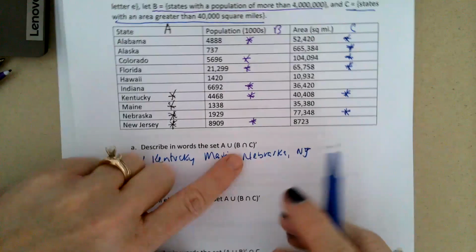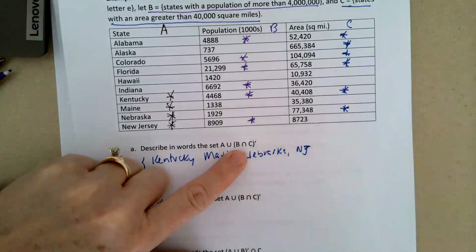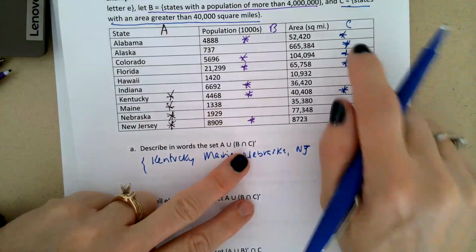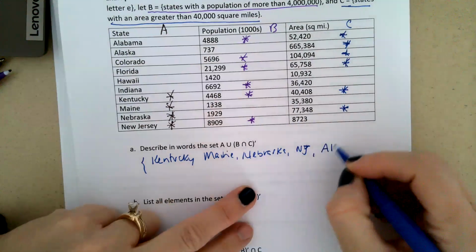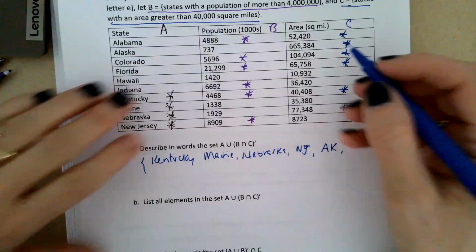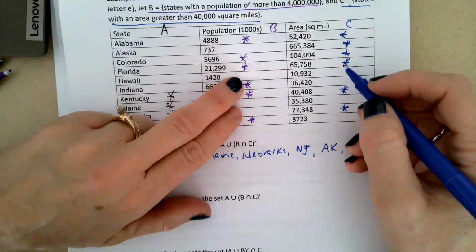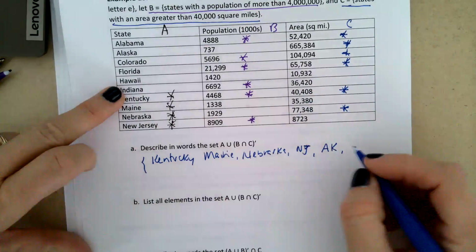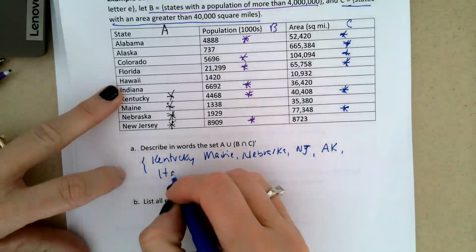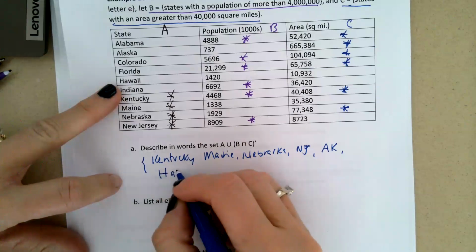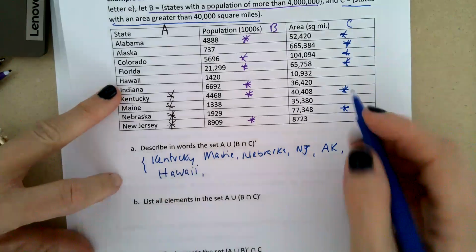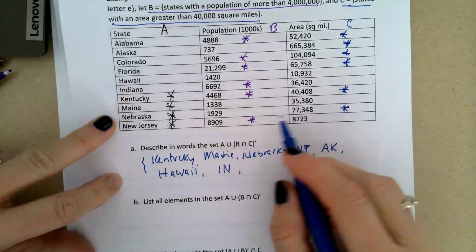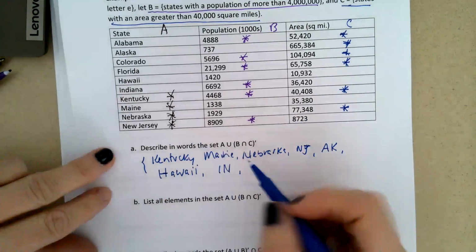And then anything that is not in B and C. So that would be Alaska. I'm going to use initials, it's easier. These are both in B and C. Not in B and C, so that would also be Hawaii, Indiana. And then these other ones are already included because they were in A.